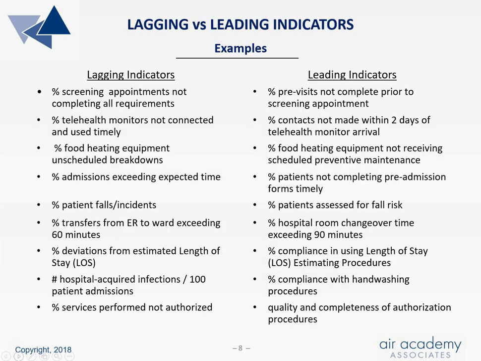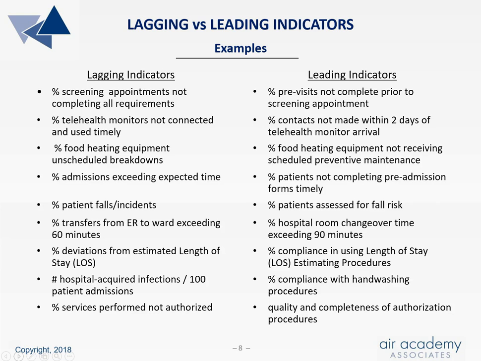There is a relationship between leading and lagging indicators. This slide gives some good examples that highlight that connection. For instance, percent screening appointments not completing all requirements, a lagging indicator. A good leading indicator, percent pre-visits not complete prior to screening appointment. Go down a few bullets, percent admissions exceeding expected time, a lagging indicator.